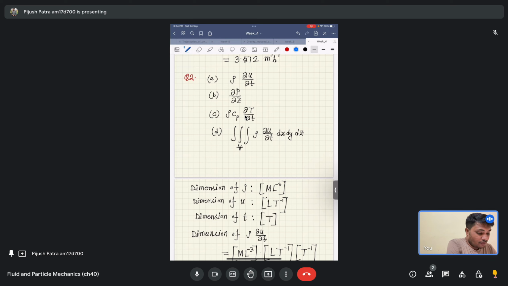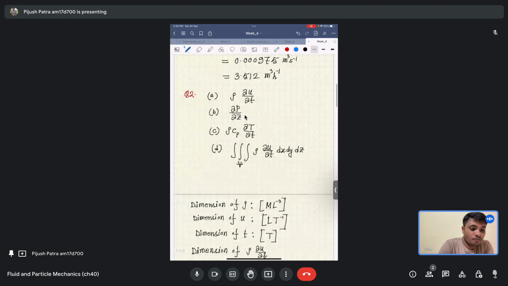So what will be the volume integral of this term? So this was per unit volume. If I multiply it with volume, that's all, right?